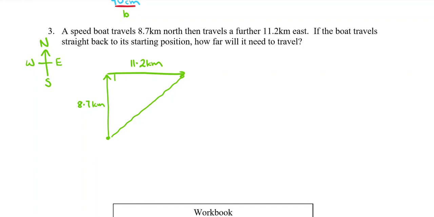The right angle would be in here, because the going north and then the going east would be at right angles. Finding my missing side, I have the two sides next to the right angle, so I'm trying to find the hypotenuse. The formula for the hypotenuse is the square root of a squared plus b squared. The a and the b that I have are 8.7 and 11.2.